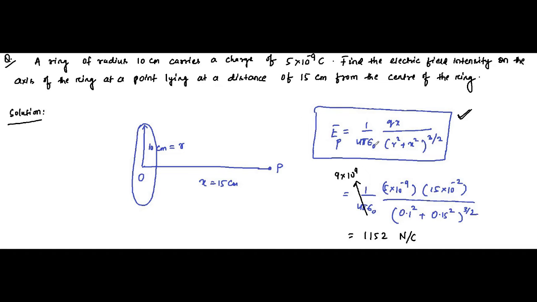Since I had already made a video on the electric field due to a uniformly charged circular ring at a point at a certain distance from the center along the axis, I told you to watch that video, and I directly used the formula. Put the value, get the result.